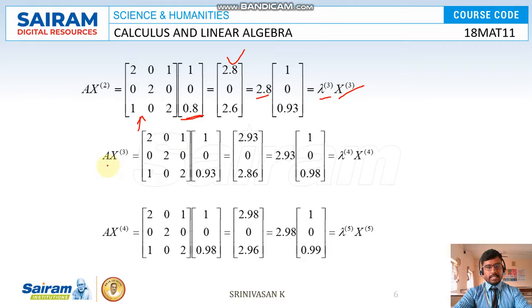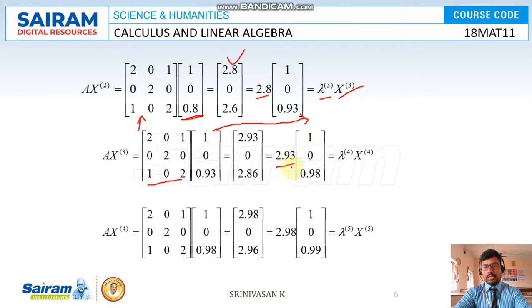Again, next iteration, A into x power 3. This is the given matrix, and this one is the new eigenvector. With normal multiplication we get this matrix, and taking 2.93 outside, we get 1, 0, 0.93.